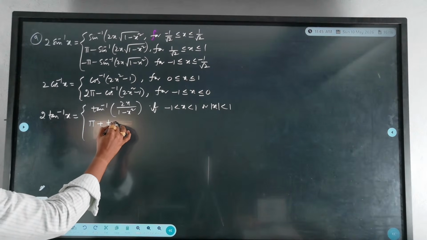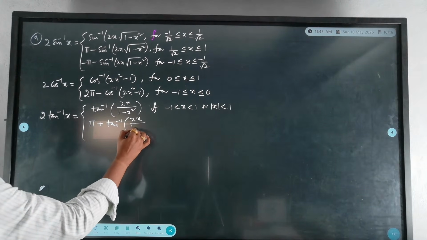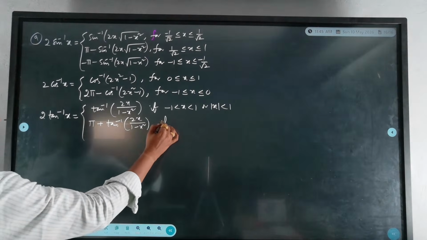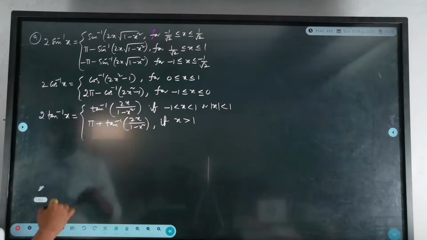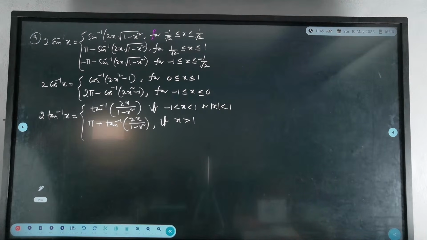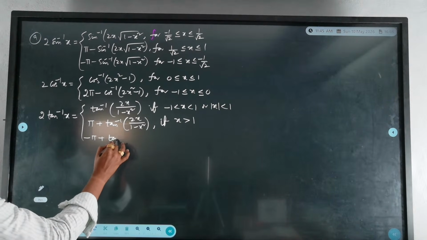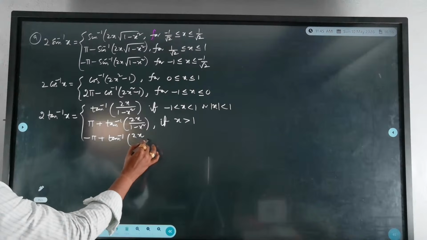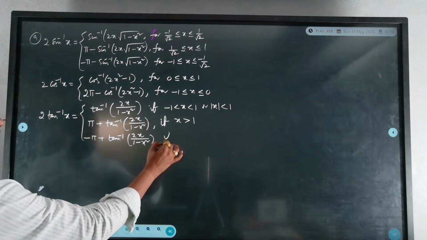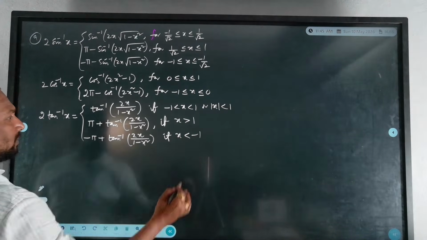Pi plus tan inverse 2x by 1 minus x square if x greater than 1. Minus pi plus tan inverse 2x by 1 minus x square if x less than minus 1.